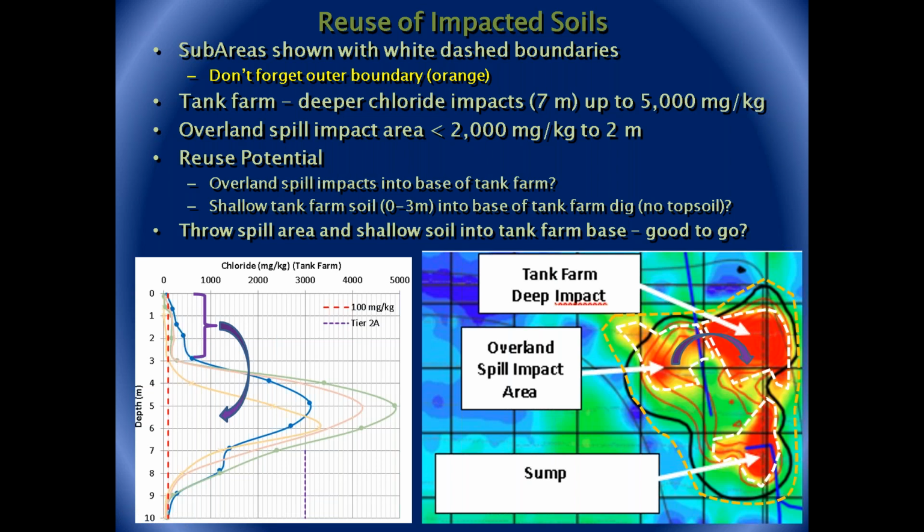So why would you want to take that to a landfill? Why not instead shuffle that material to a deeper depth, reduce the hauling, reduce the need for extra backfill, and reutilize it as backfill at your site? It's basically a resource. So just throw it in, then you're good to go.